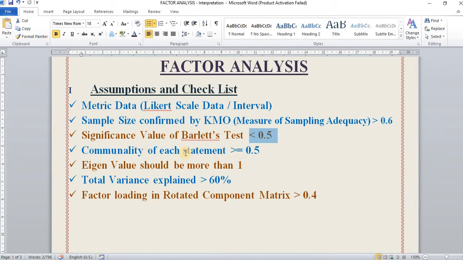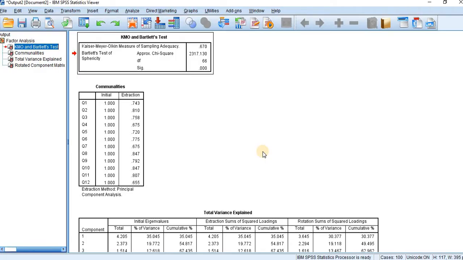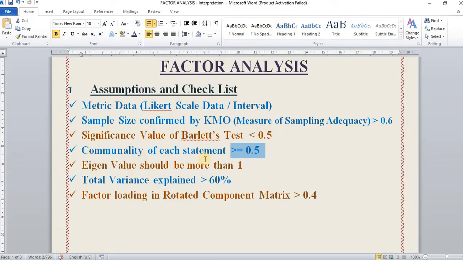And the third is communality of each statement greater than or equal to 0.5. Communality of the 12 attributes, no attribute's value is less than 0.5. Minimum is 0.655, maximum 0.847. So that assumption is also met.